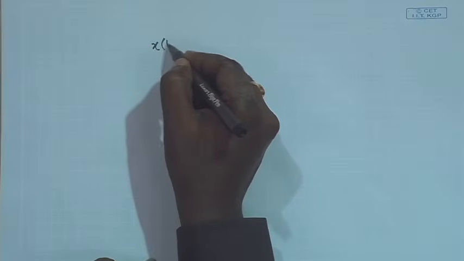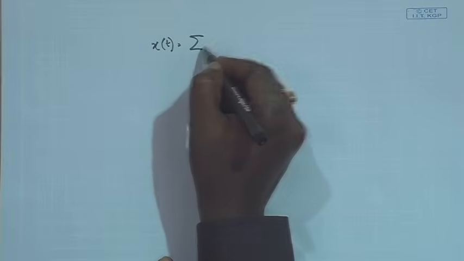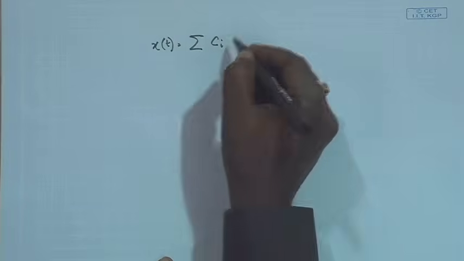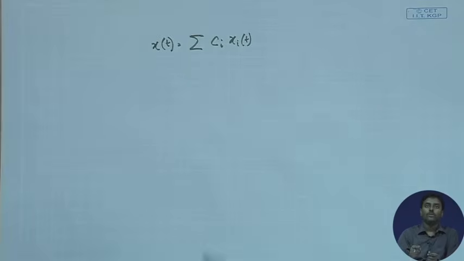So, we will try to use this to prove a very fundamental theorem called Parseval's theorem. Let us go to a linear combination of orthogonal signals. Suppose I have a signal, let us say x(t), defined as a linear combination with coefficients ci times xi(t), where all the xi's are orthogonal to each other.